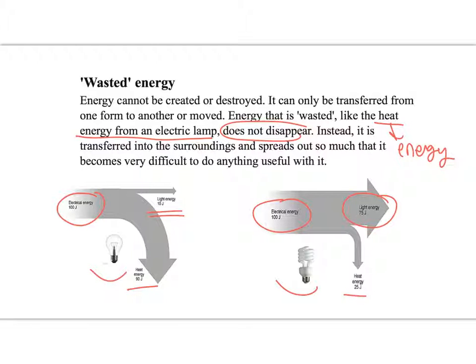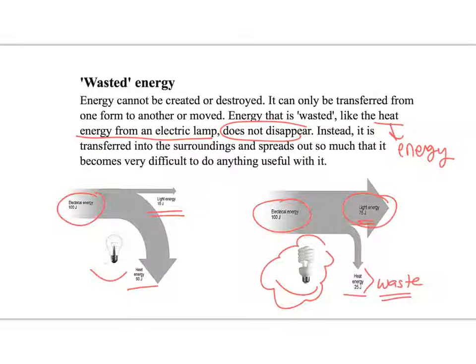So we think of the heat energy as waste energy because we are not using a lamp to get heat. We use it to get light. So you see that it has more conversion of light compared to the filament lamp. So I recommend you to use the energy efficient lamps.